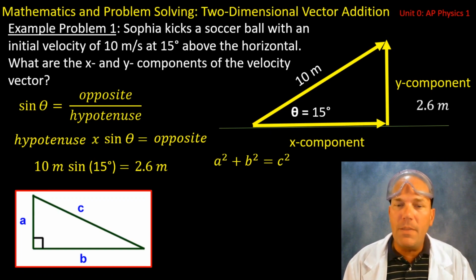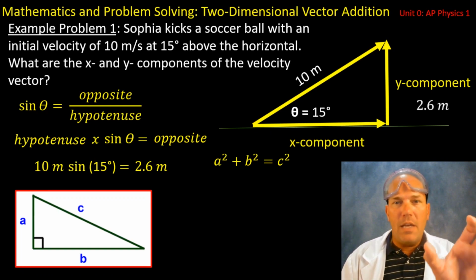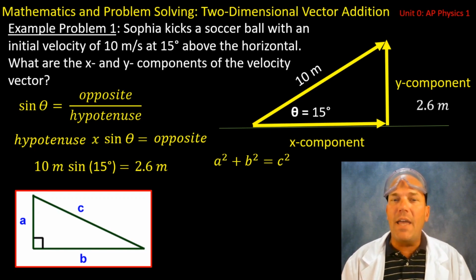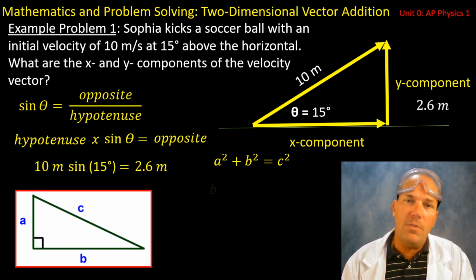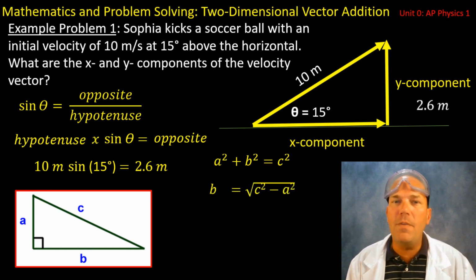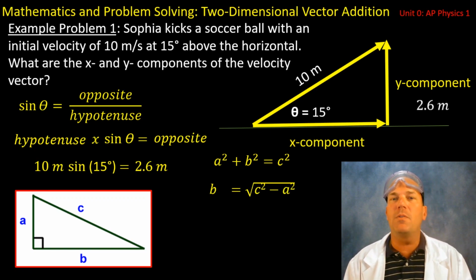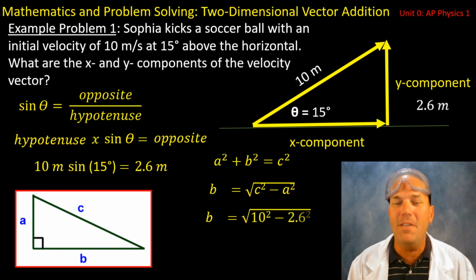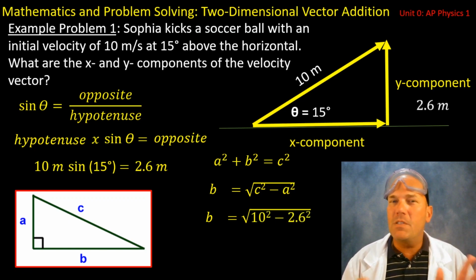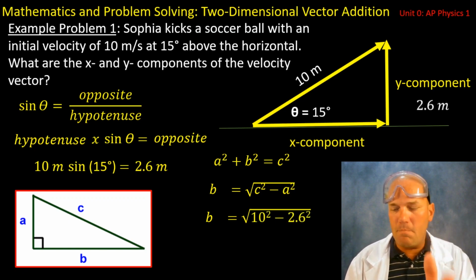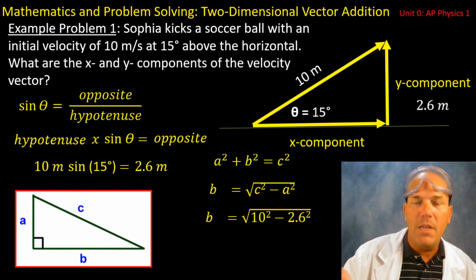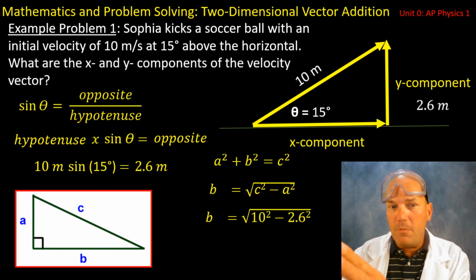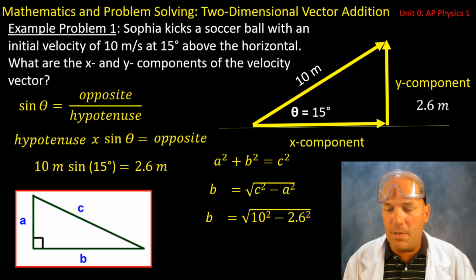Using Pythagorean theorem, we can relate three sides of a right angle triangle. So solving for b, we set that equal to the square root of c squared minus a squared. B, therefore, is the square root of 10 squared minus 2.6 squared. Again, the 2.6, we used a trig function to find that.